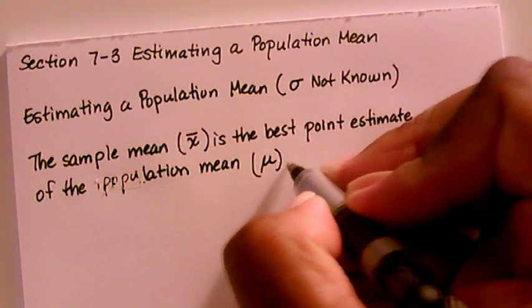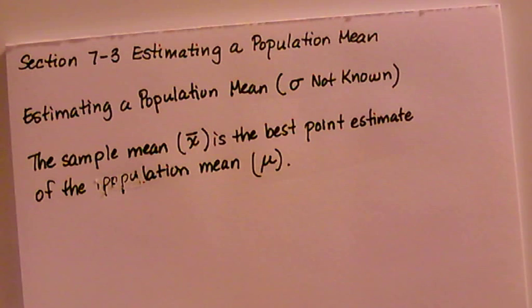And that population mean is the Greek letter mu. So your best point estimate for the population mean will be just simply the sample mean, which is what we'll be focusing on.